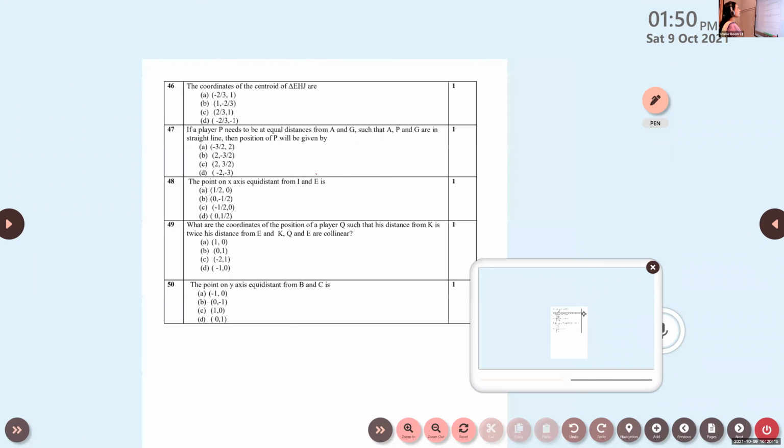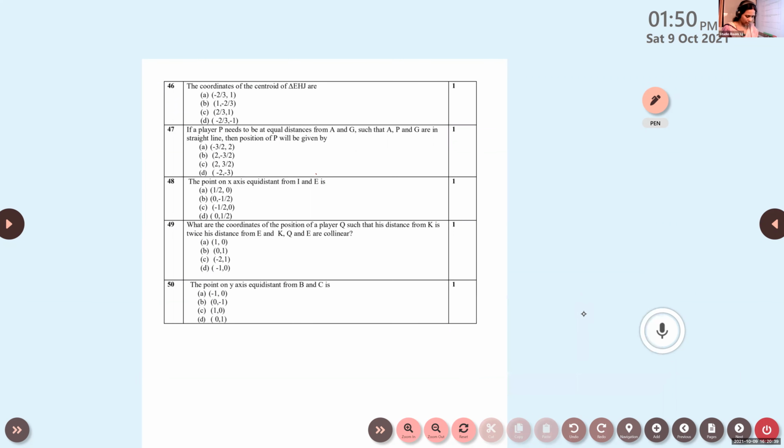Look at the first part. The coordinates of the centroid of the triangle EHJ. You are asked to find the centroid of the triangle EHJ. So for that you should know the vertices.